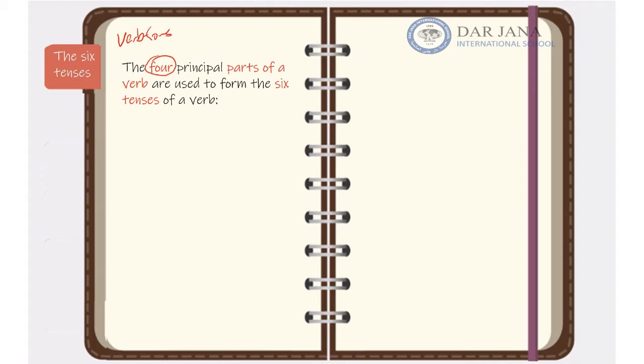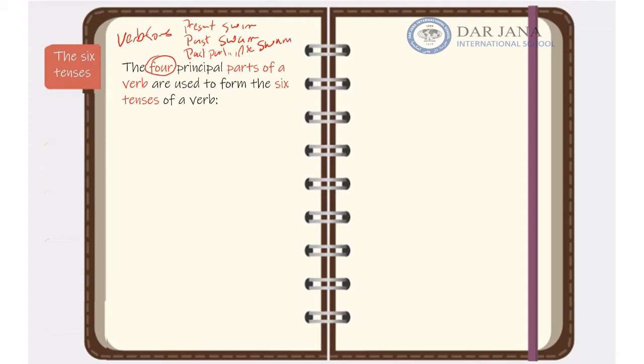They are the present form, such as swim. This is the present form. You have the past form, and not the tense, which is swam with an A. And you have the past participle form of the verb, which is swum with a U. So that's the third form.